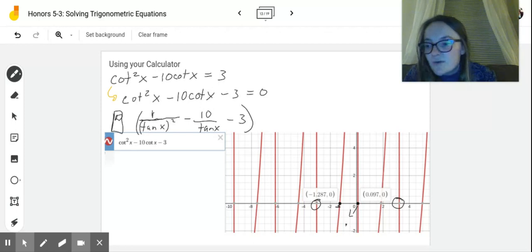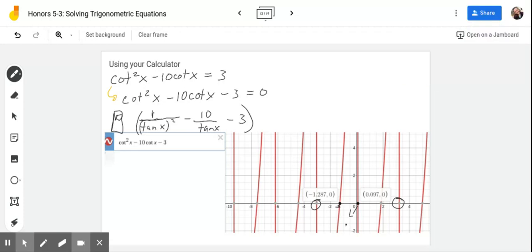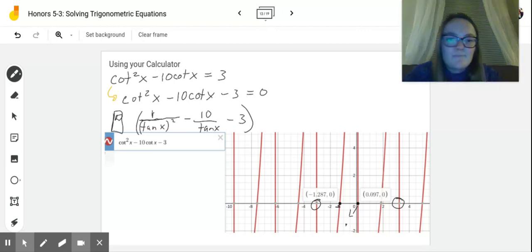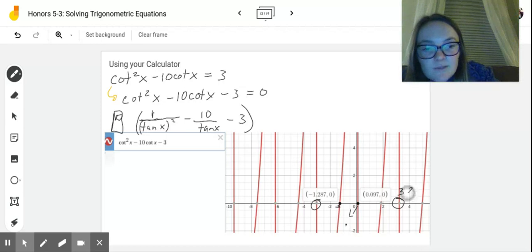I want to use that to see if I can get some sort of solution graphically using my graphing calculator. I'm going to add one more point. This is 3.238. That's that point right there.